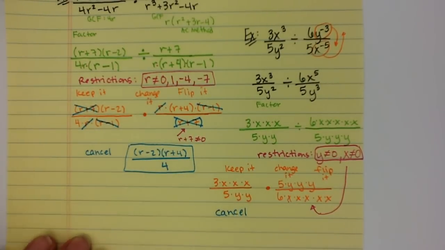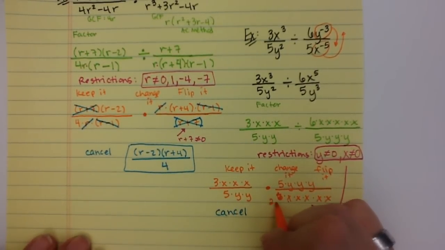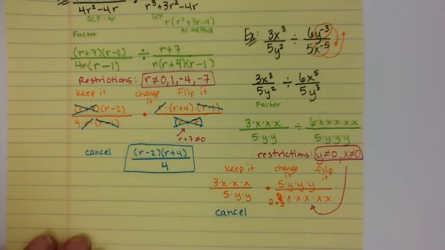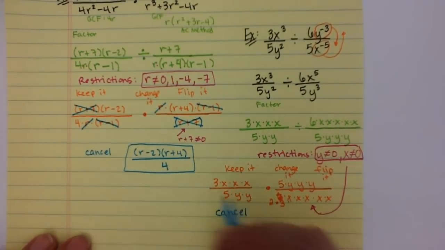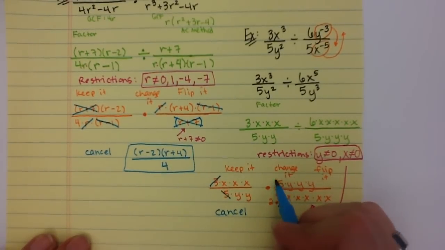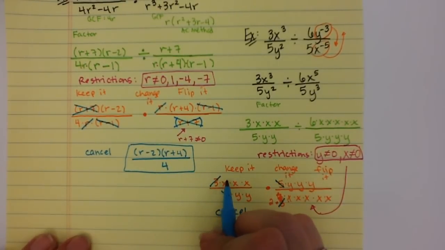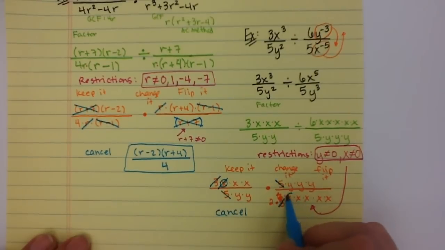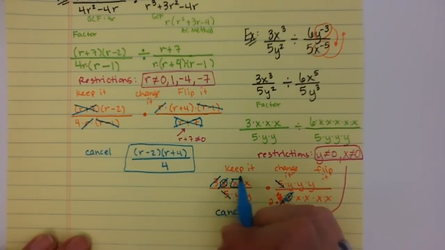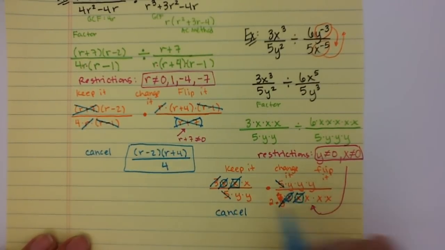Oh shoot, I forgot to break down my 6. I could break down my 6 into 2 times 3. That'll make it easier to cancel. Because now I can see that I can cancel this 3 and that 3, the 5 and the 5, and then I have an x and another x and another x.